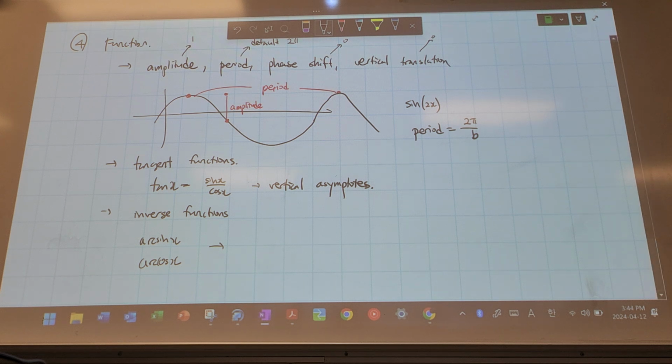So for both arc sine and arc cos, we need to limit the domain, right? For sine of x, the domain is restricted to between pi and negative pi, because we have the shape like this. Is it pi? I don't think so.